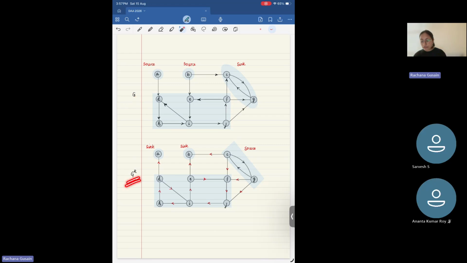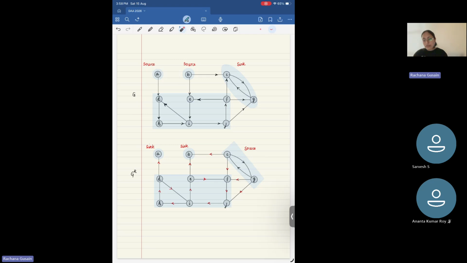We will run our DFS on G of R, the first DFS. That will give me a node. The node with the highest finish time will lie in a source strongly connected component, which will be either C or G. I go back to my original graph, and I know that if this was a source SCC, here it is a sink SCC in the original graph.